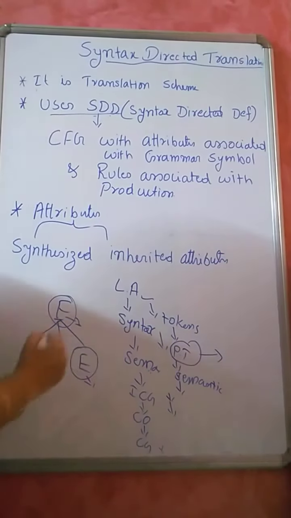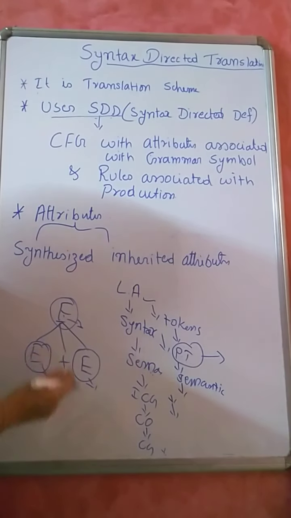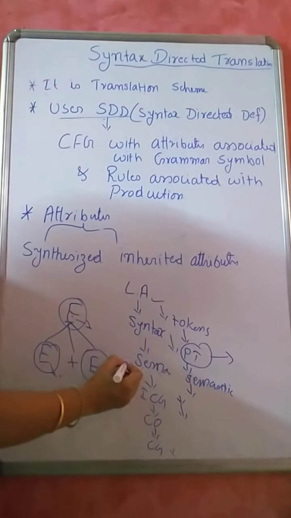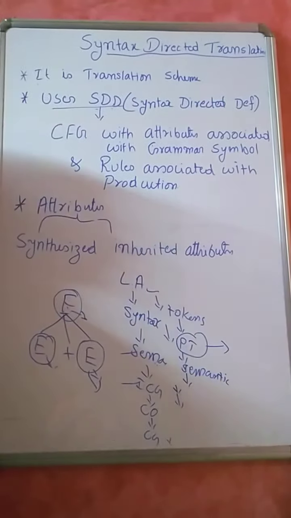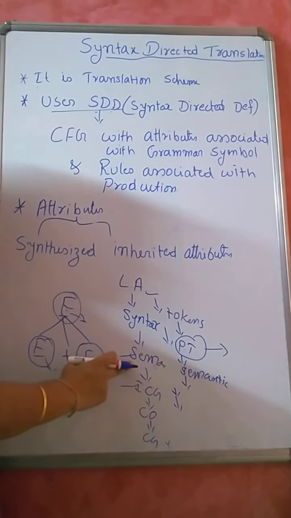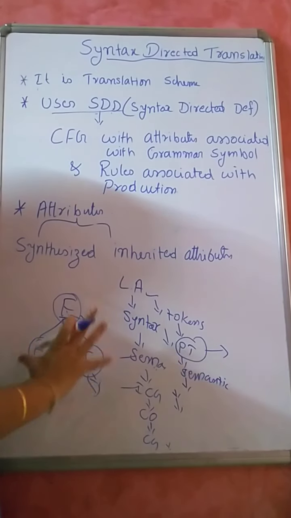Once it finds out the value associated with each of the terminals or non-terminals in the given parse tree, that will be used by your semantic analysis phase and the intermediate code generator in order to check the semantic errors and to generate the intermediate code. Okay, got it.